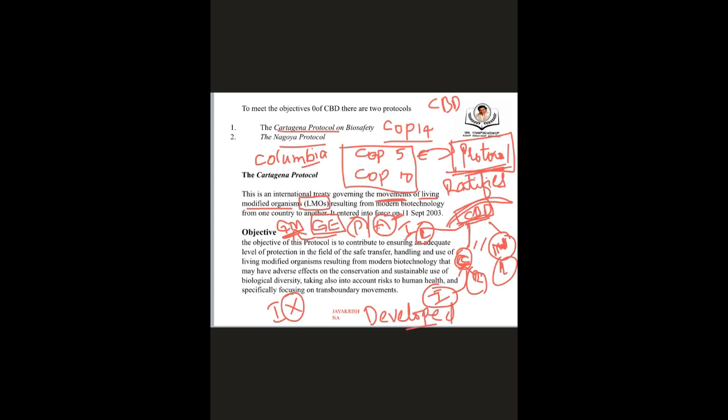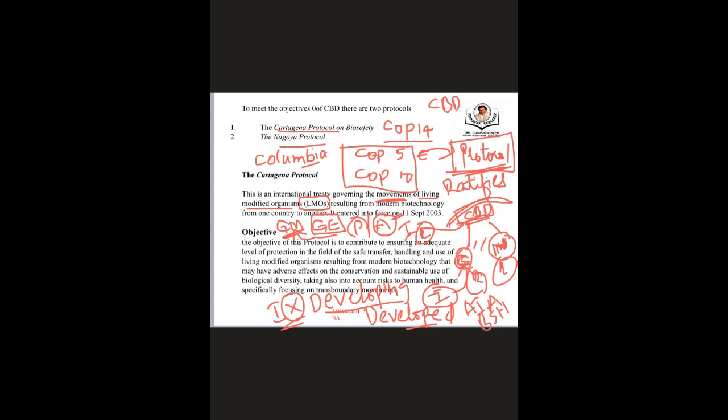Now, the Cartagena Protocol came into existence to protect the interest of importing countries, nothing but developing countries. How are the interests of the developing countries protected? These are protected through important mechanisms like AIA and Biosafety Clearinghouse.